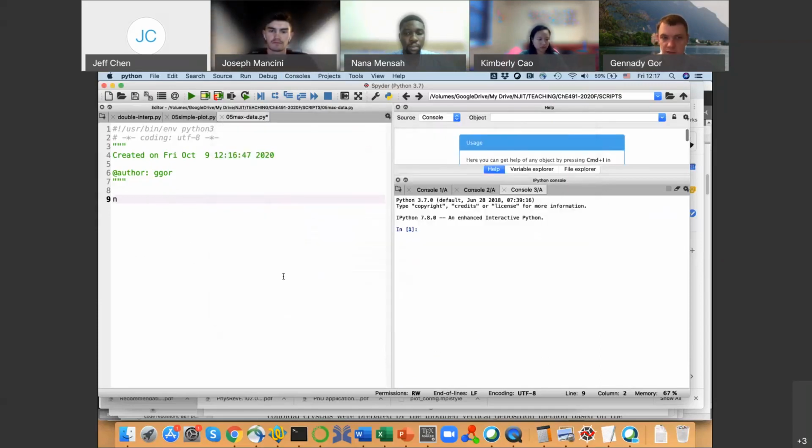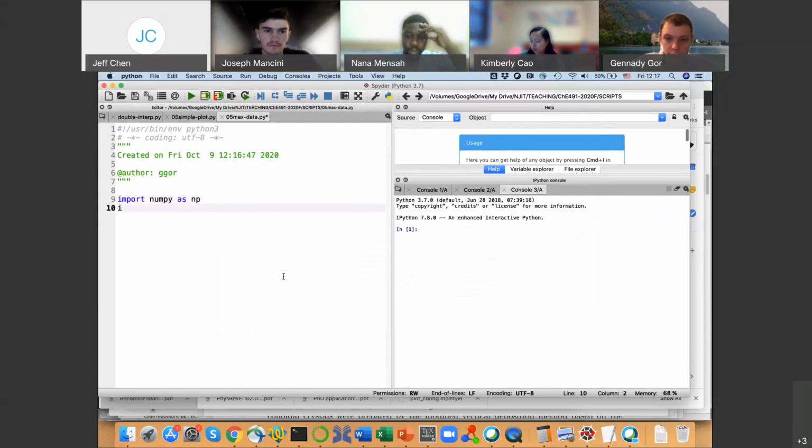And I start from the same thing, and you can copy and paste it in most of your scripts, but it would be faster to type it. So import numpy as np, and import matplotlib.pyplot as plt, right?